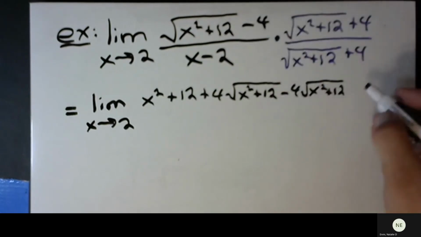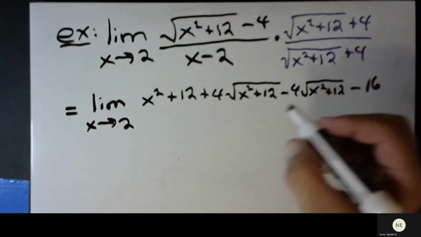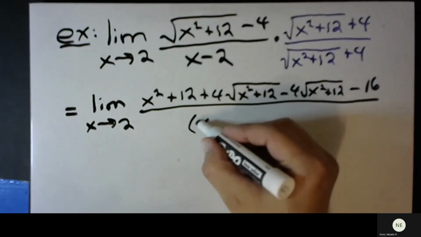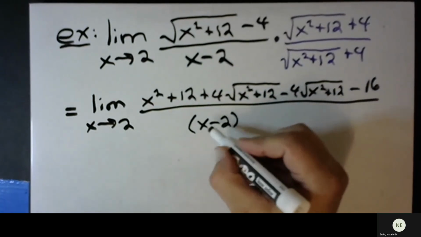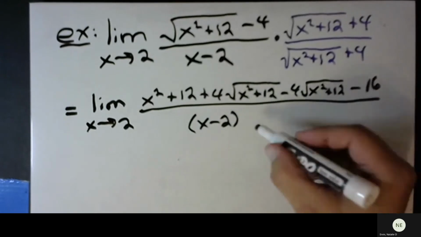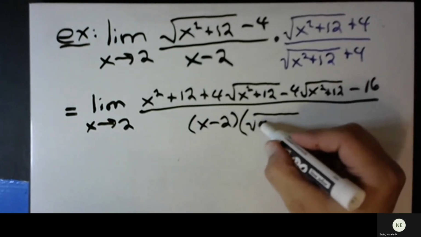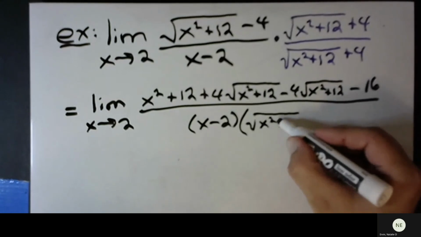And then -4 times 4 is minus 16. But on the bottom, we're not going to FOIL, because that x minus 2, that's the term giving us all kinds of trouble. We're going to leave it there. Hopefully, we're going to see something that will cancel it out.